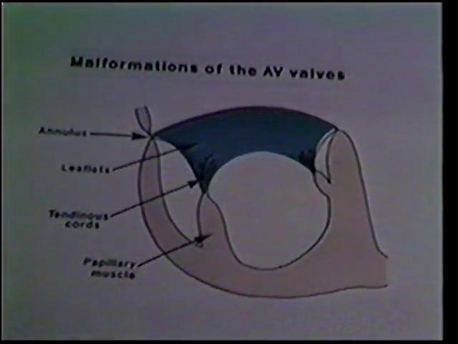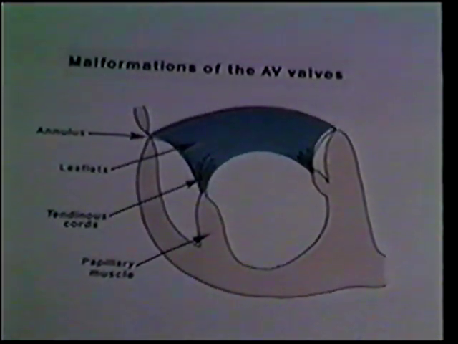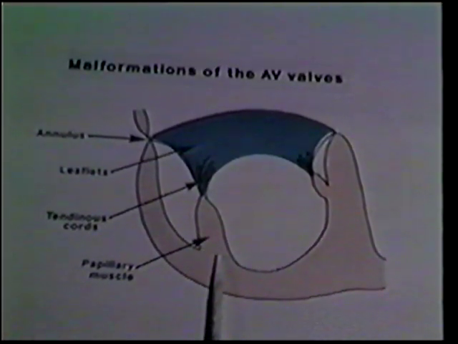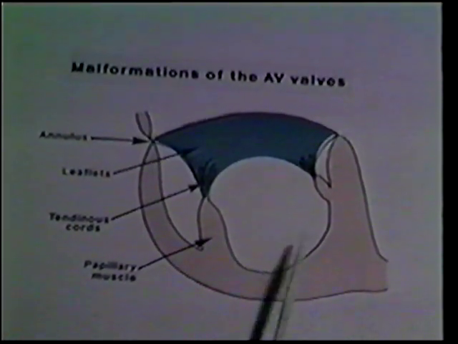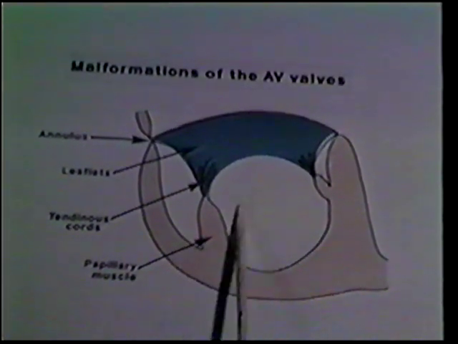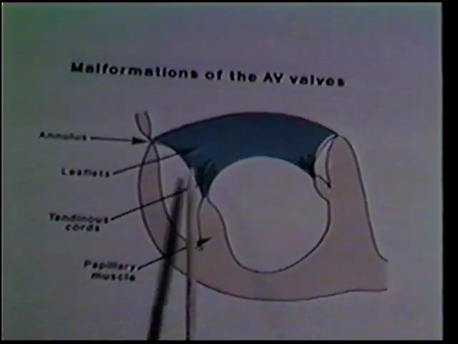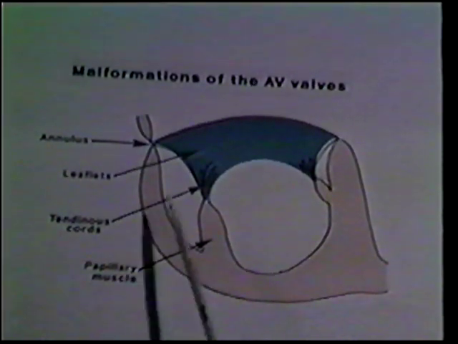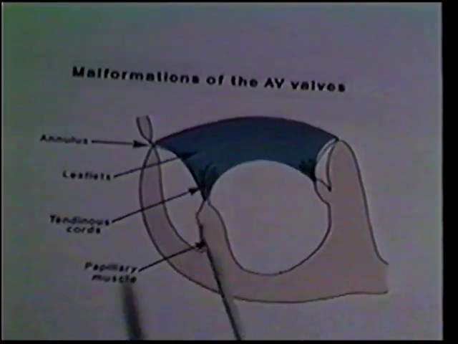There may be occlusion of the interchordal spaces, or abnormality in the arrangement of the papillary muscles. Now some of these lesions, in fact, affect not just one part of the valve apparatus, but affect a combination of the various structures.